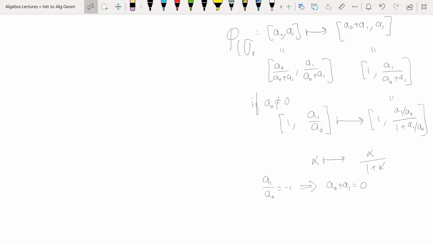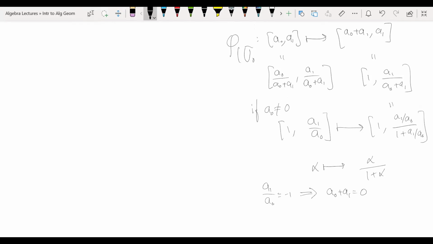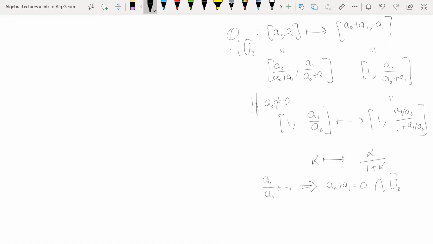But the intersection with U0 tilde is empty. So such a point does not belong to U0 tilde. So phi restricted to U0 tilde is this map, and this of course is again given by polynomials in some sense.